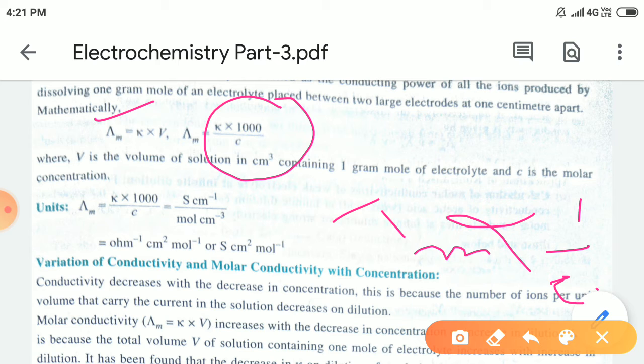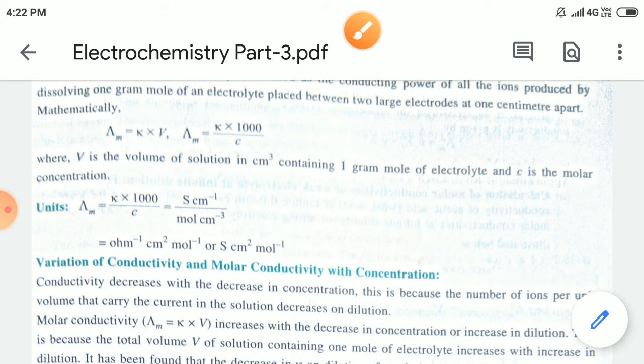And molar conductivity of an electrolytic solution is directly proportional to the conductivity kappa.